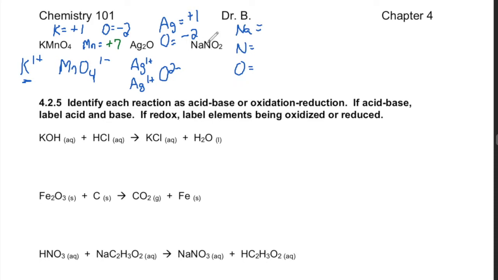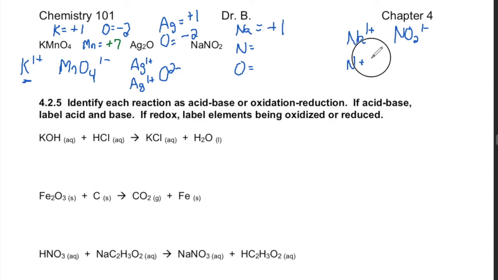So let's take a look at sodium nitrite. We have sodium with a +1 charge, nitrite with a -1 charge. So we can see right away that the oxidation number on sodium is +1. The oxidation numbers of nitrogen and oxygen add up to -1.